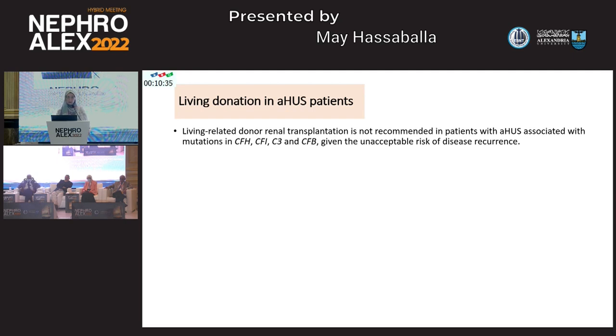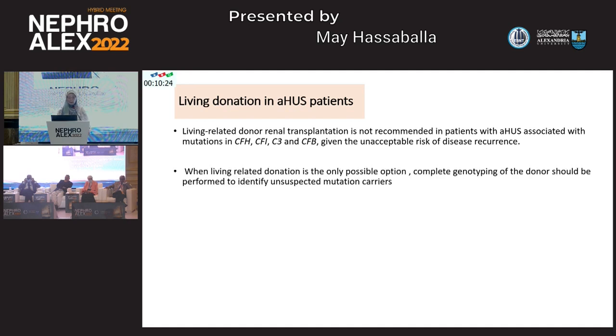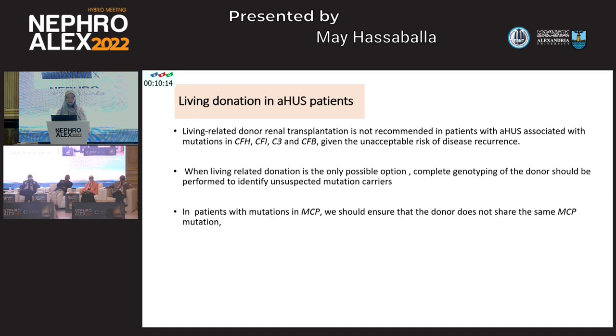So if you have a patient whose exact mutations you know, and you do the same thing for the donor, and you make sure that the donor does not have the same mutations, you can accept that. When living-related donation is the only possible option, complete genotyping of the donor should be performed to identify unsuspected mutation carriers.